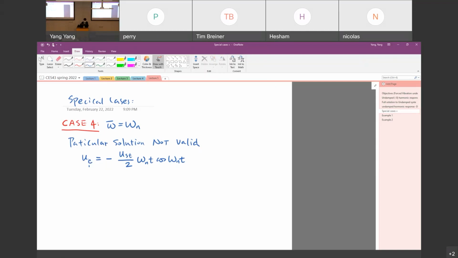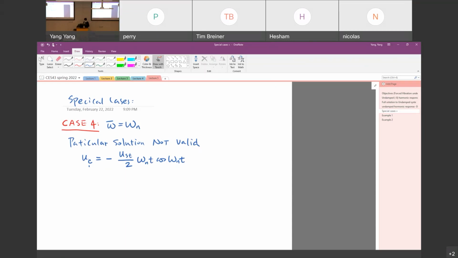So as you can see here, the amplitude is a function of time, right? Omega is a constant number. So with the larger time, the amplitude will be larger. If the time approaches infinity, the amplitude will be infinite.